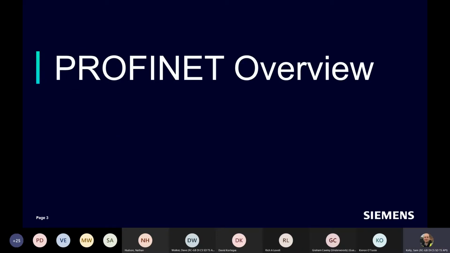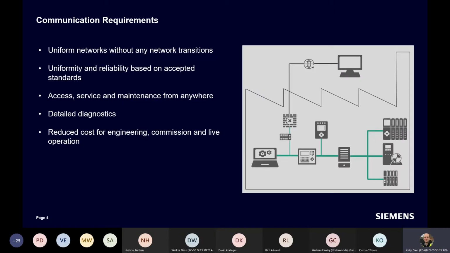So starting off with the Profinet overview. Our customer communication requirements follow these bullet points here. Customers tend to like to have a uniform network without any network transitions. What we mean by that is there are lots of different types of networks we see in industry, for example Profibus and ASI.